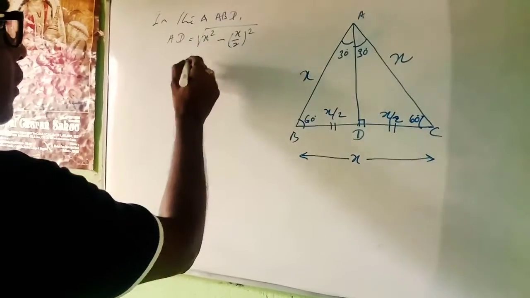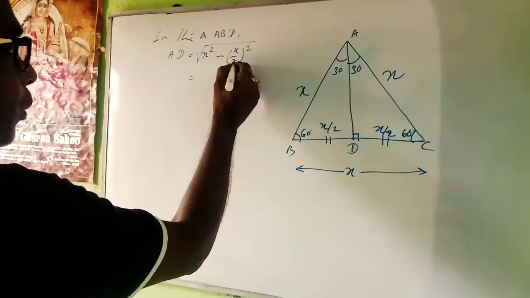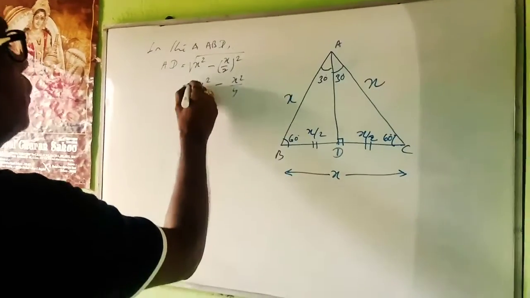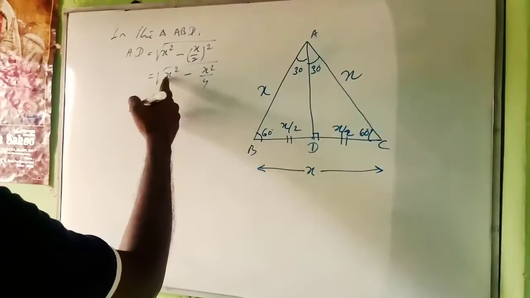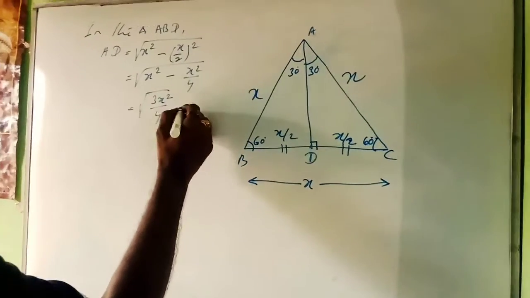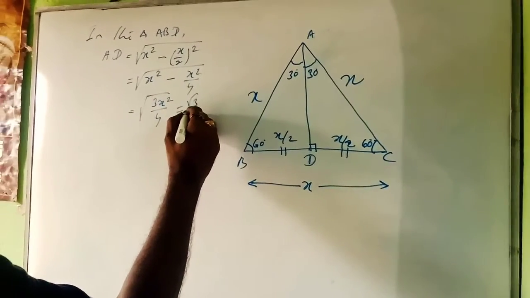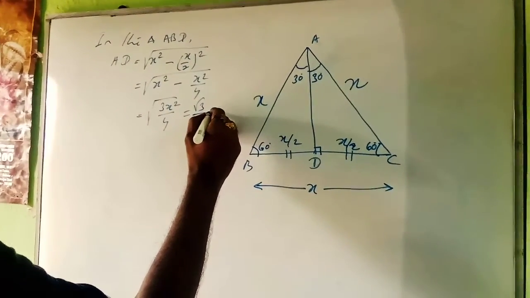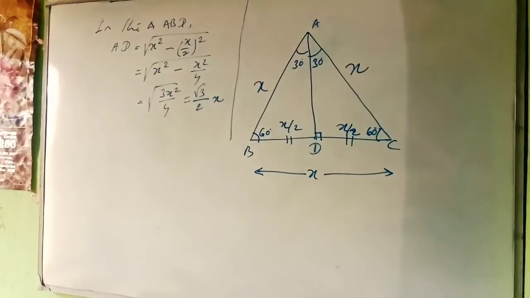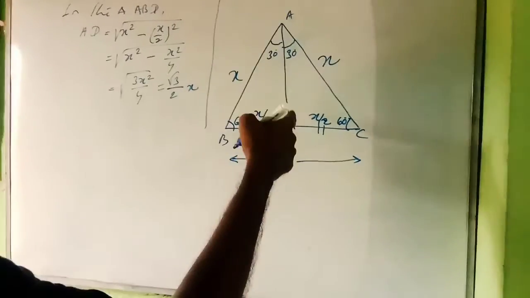That is x square minus x square by 4, under root. How much are you getting? 3x square by 4, under root, which is equal to root 3 by 2 into x. Okay, you got the value of AD, that is the perpendicular.